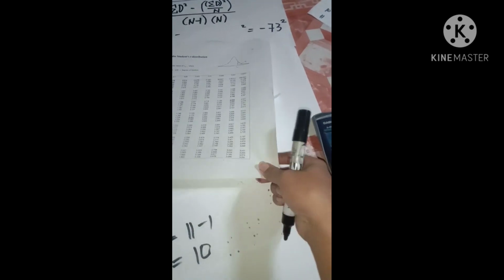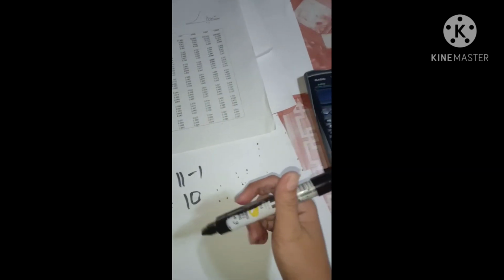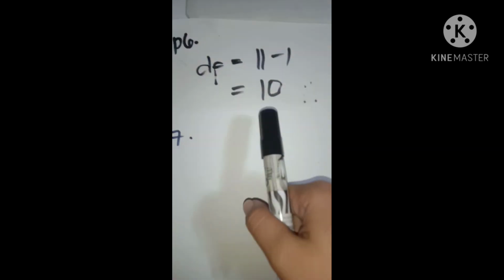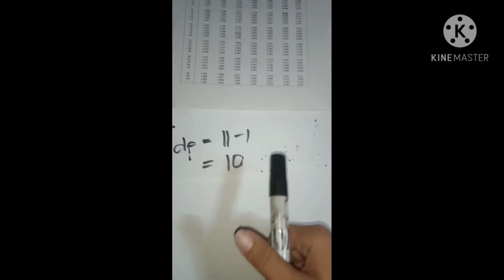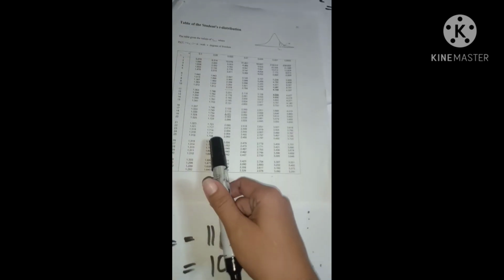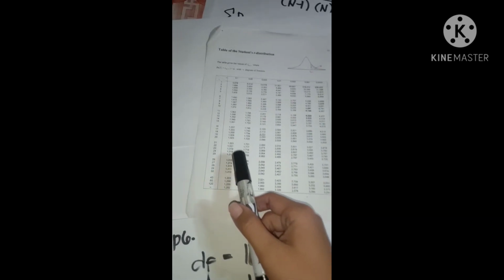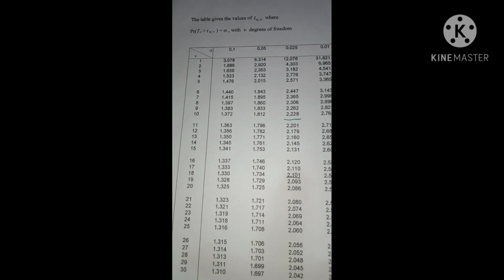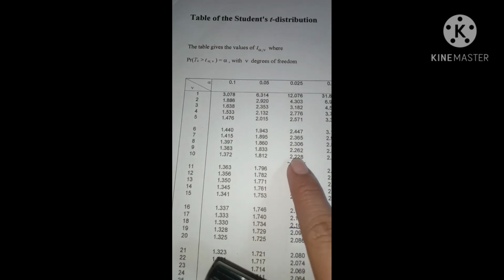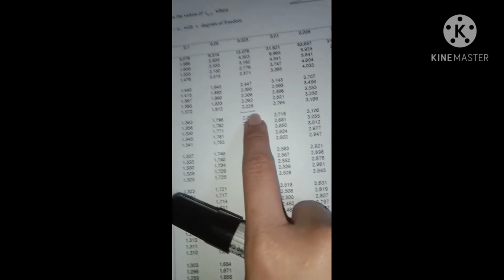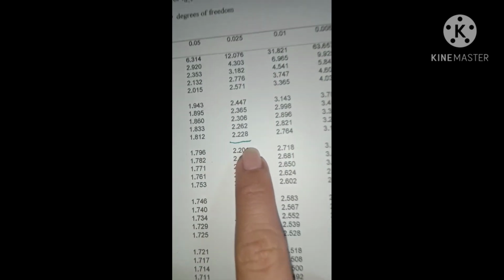Here is the t table. Using the degrees of freedom from step 6, our degrees of freedom is 10, and we are going to use an alpha of 5%. We look for 10, which is 2.228.